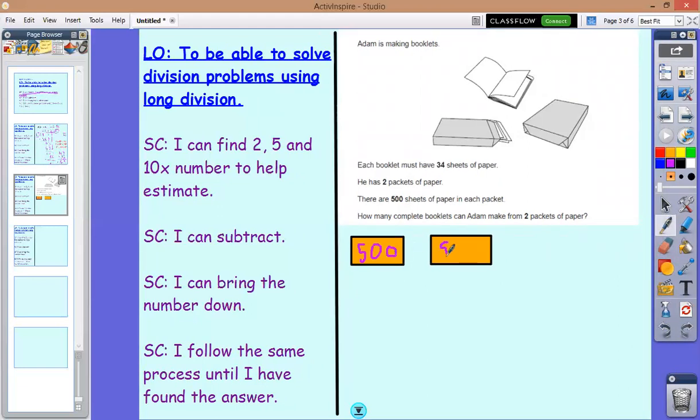Sometimes you might already see it, but this really helps me to visualize problems. So I've got 2 packets, that's 500. So overall, I know I've got 1,000 pieces of paper. Okay, but each booklet must have 34 sheets of paper. So I need to now divide my 1,000 by 34.